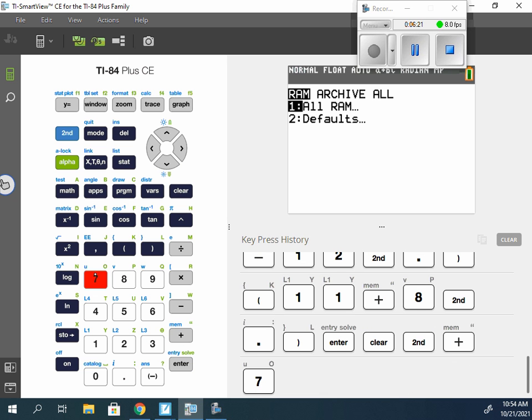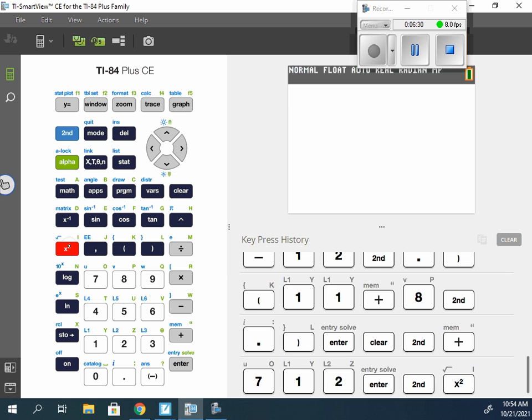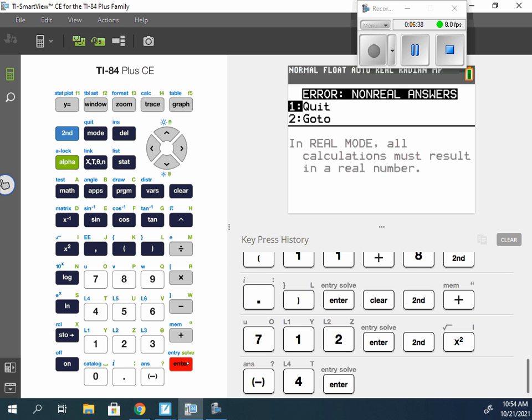Second, square root, negative 4. And we did this yesterday, or not specifically this, but did one like it, where it was a fractional, and the graphing calculator gave us an error. I think some of y'all typed it in.